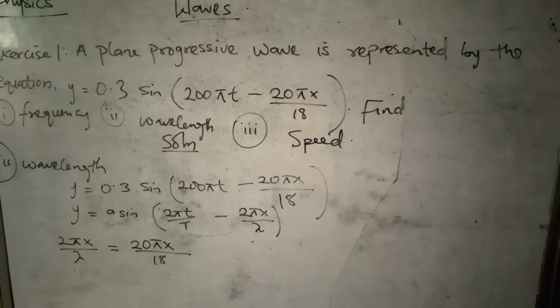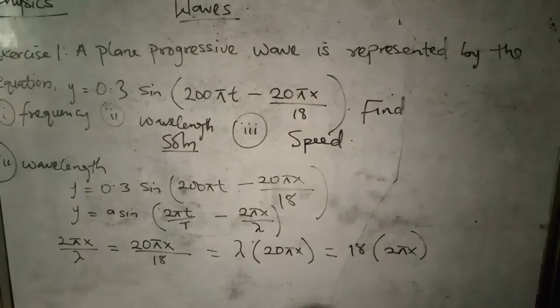When we cross multiply, let's see what we are going to have. Look at what we have. If we cross multiply, we have wavelength multiplied by 20πx is equal to 18 multiplied by 2πx.